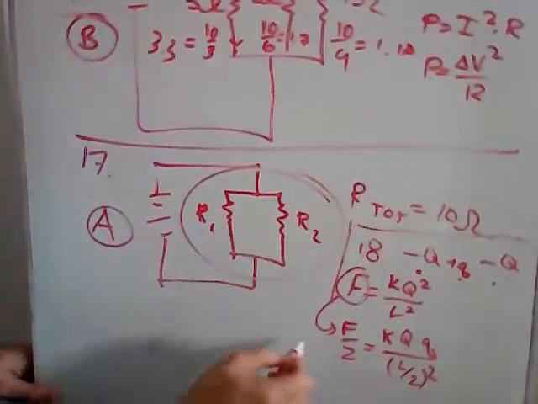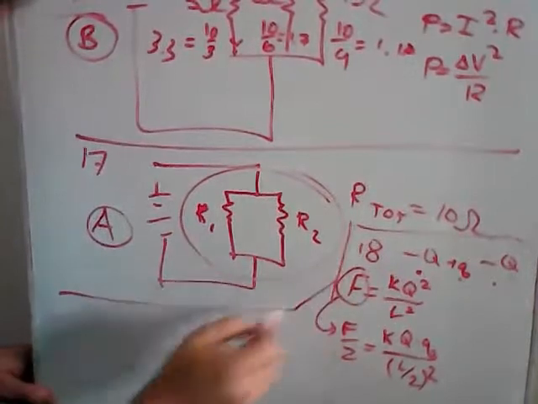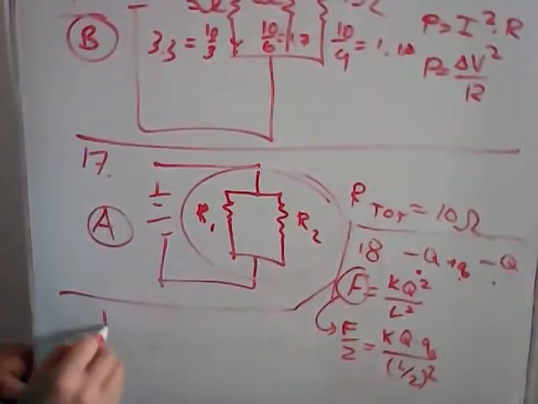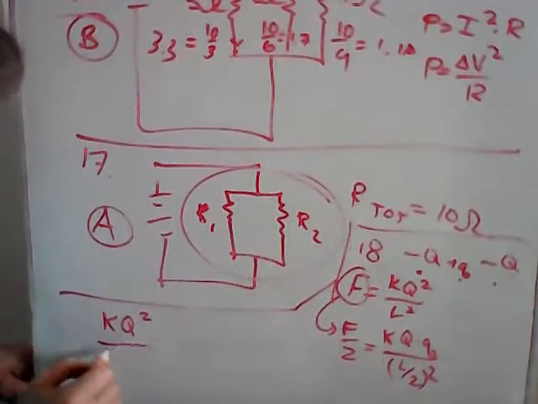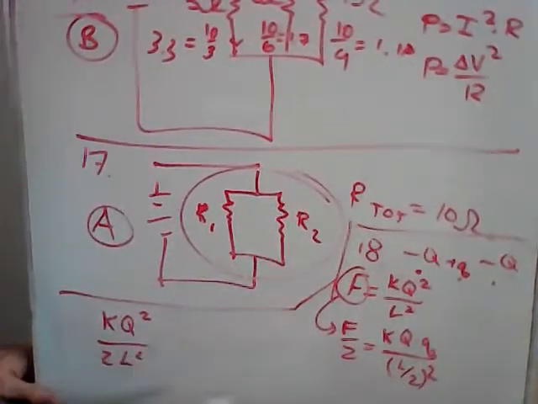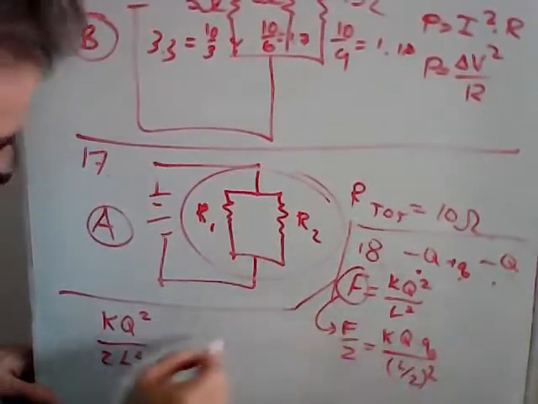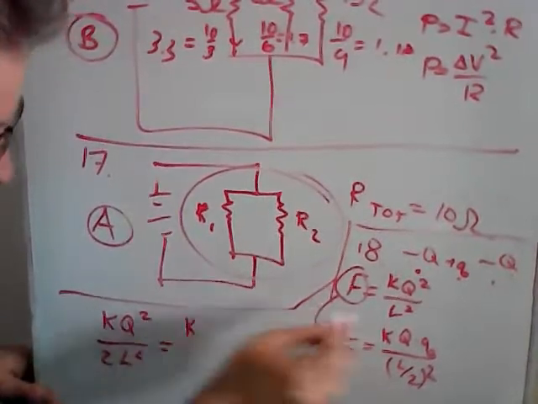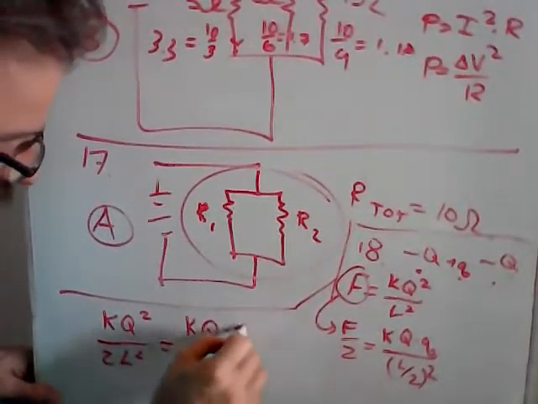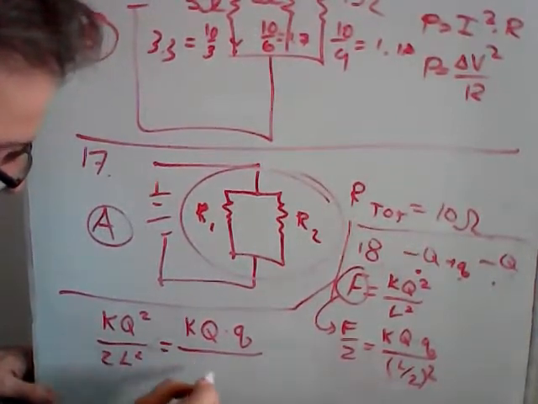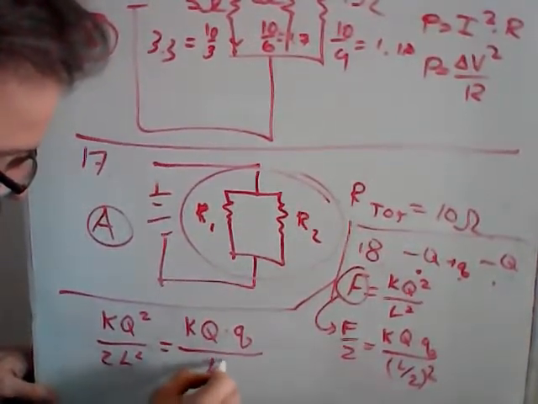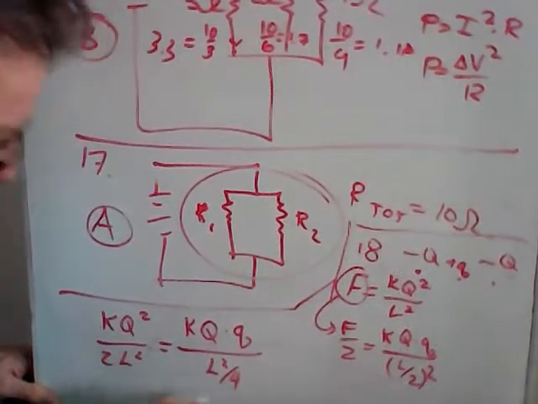I'm not going to do ninja math because I think you're going to be confused enough as it is. But if we do this, we get KQ squared divided by 2L squared on the left side. And on the right side, we get KQ little q divided by L squared over 4.